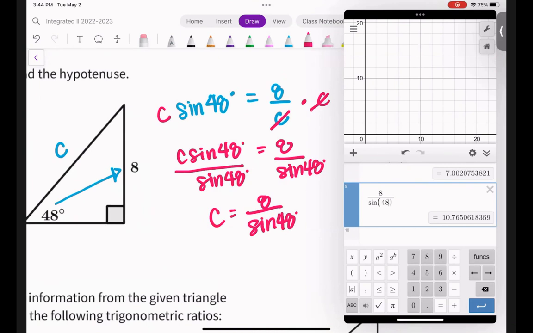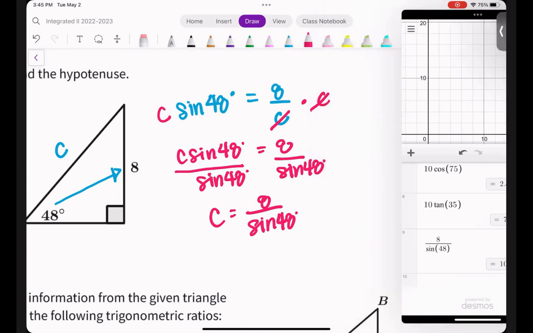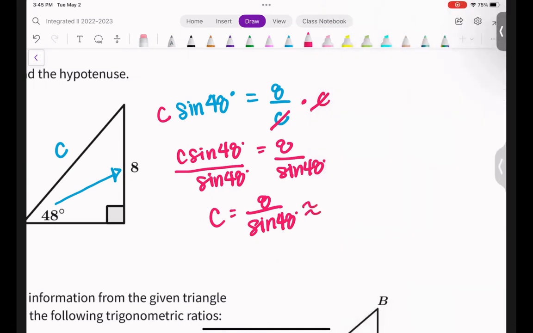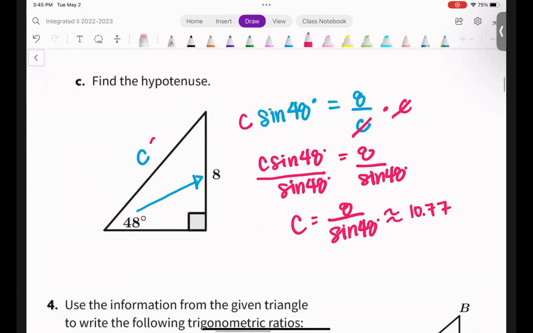Mine is cuter, obviously, because I have cute colors and cuter writing than that type. I'm just kidding. Okay, so then it's about 10.77. So c is about 10.77, which kind of makes sense to me because that's bigger than that side, right? So yeah, that kind of makes sense.